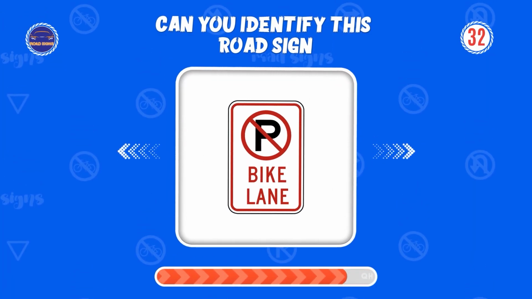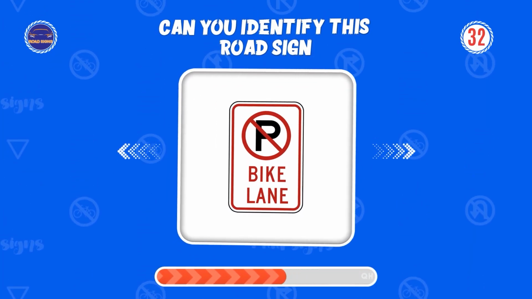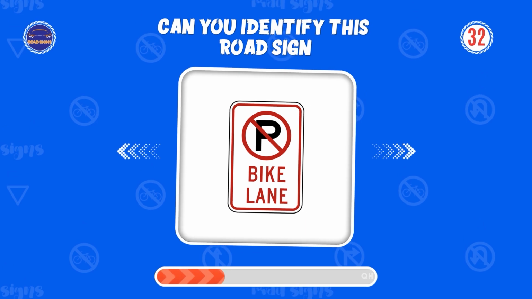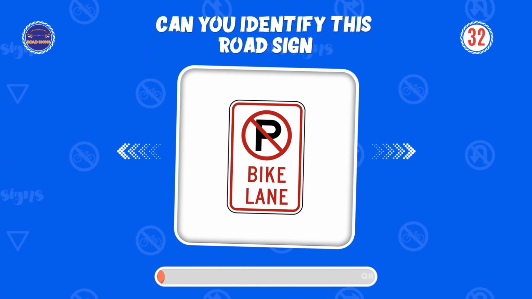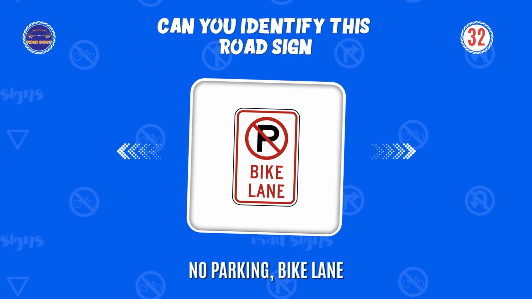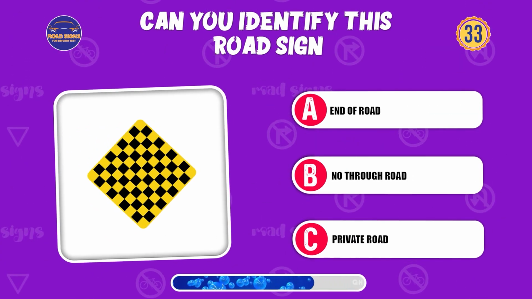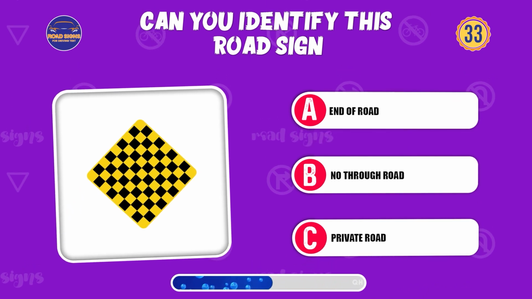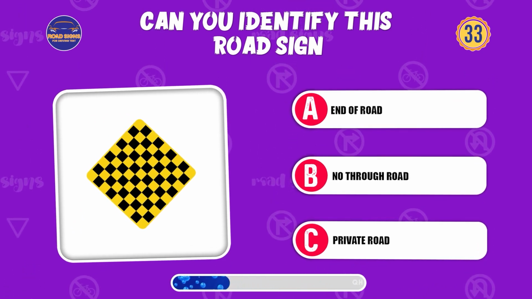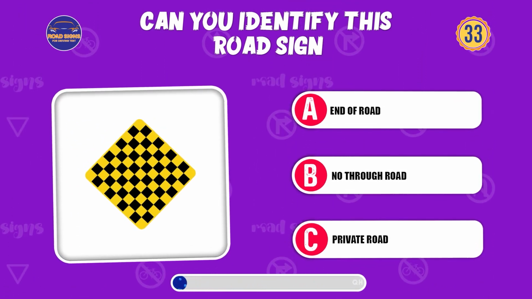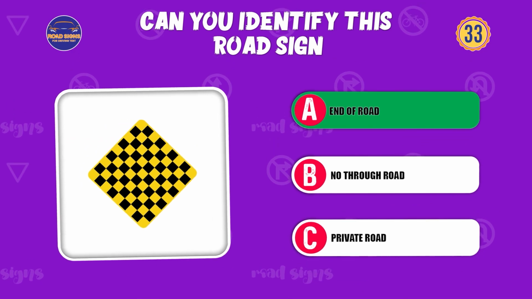What does this sign tell cyclists about parking? No parking, bike lane. What road condition does this sign alert to? A. End of road.